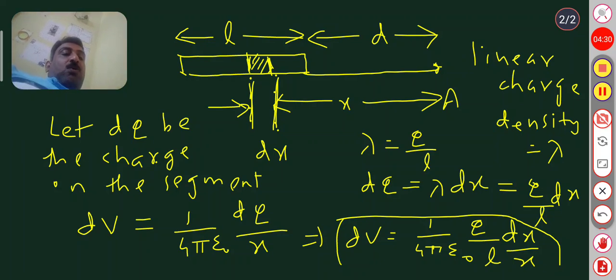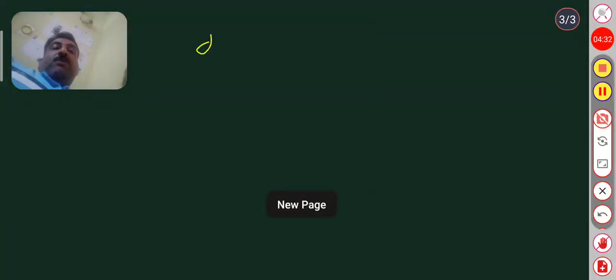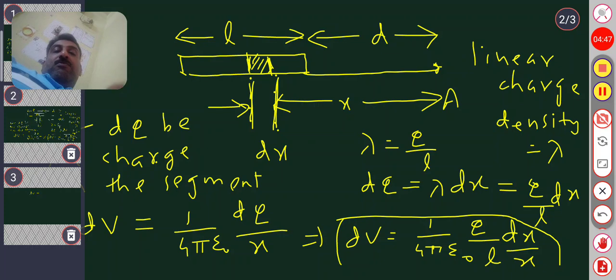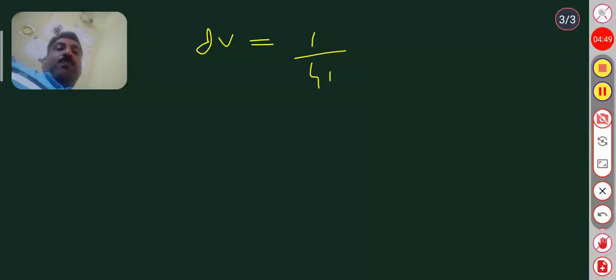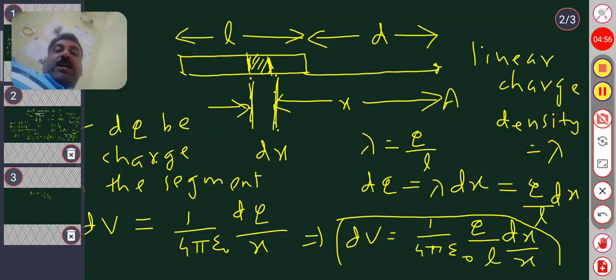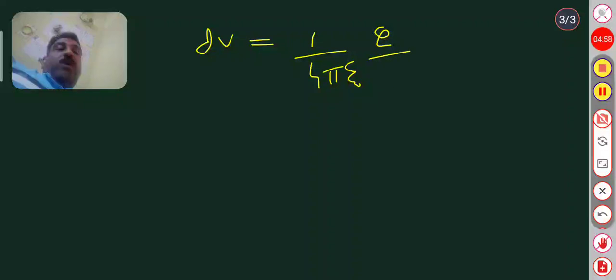So the potential due to the small element is dV equals 1 by 4 pi epsilon 0, Q by L into dx by x.